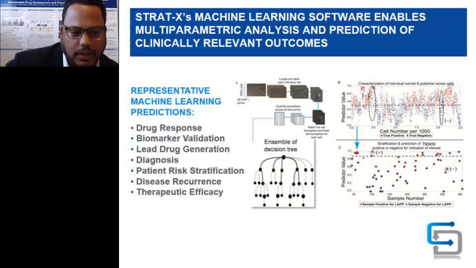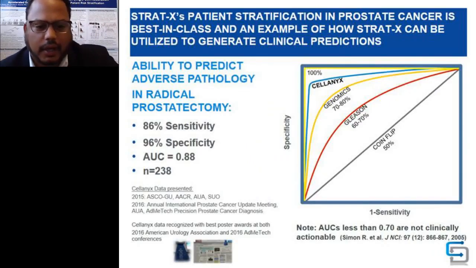So on this slide, we see actually the value of this approach. And so as an example application of STRAT-X, we've demonstrated that this platform is able to predict surgical adverse pathologies for prostate cancer.